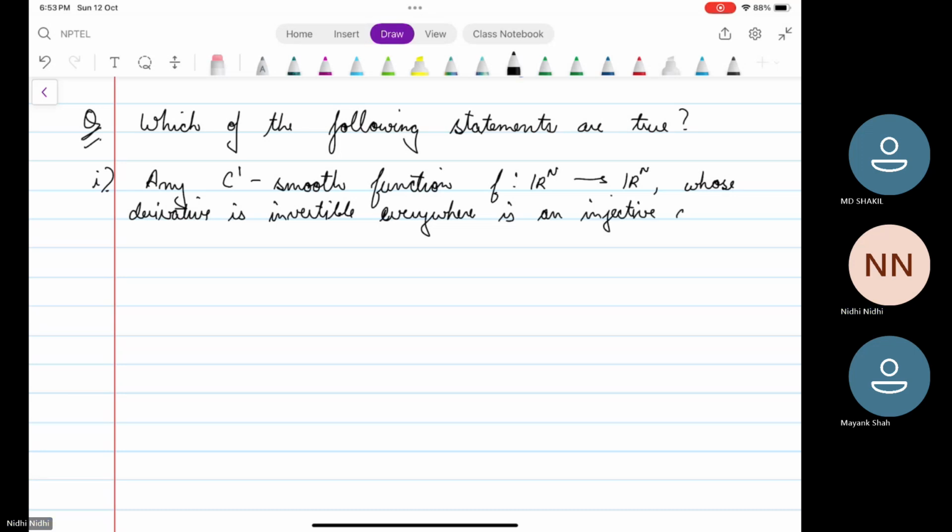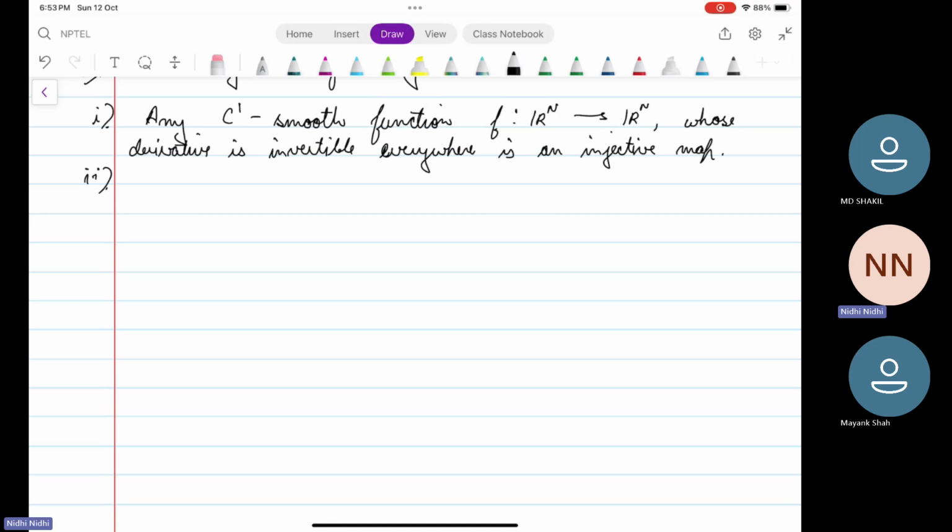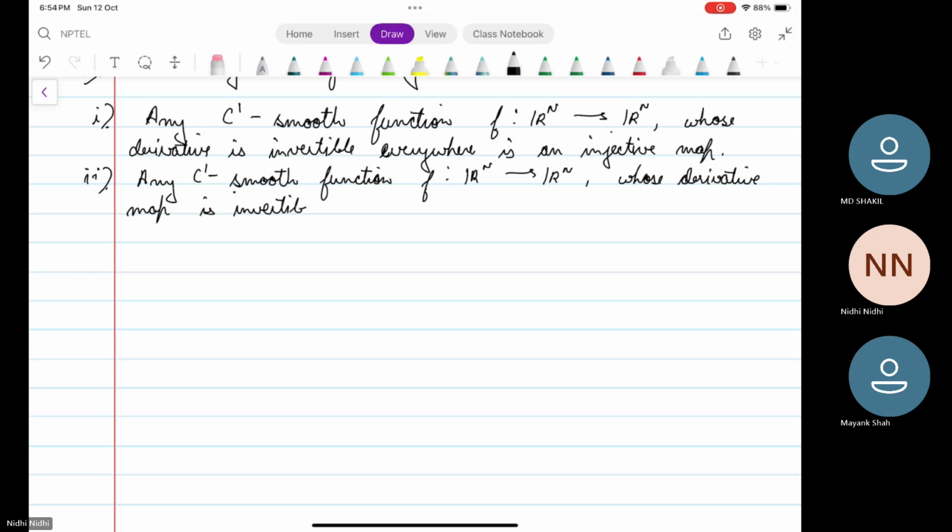Injective means one to one. Then we have: any C1 smooth function f from Rn to Rn whose derivative map is invertible everywhere is a surjective map, that is, onto.